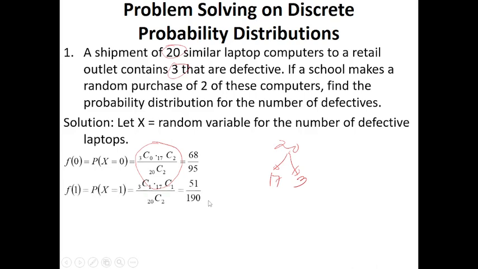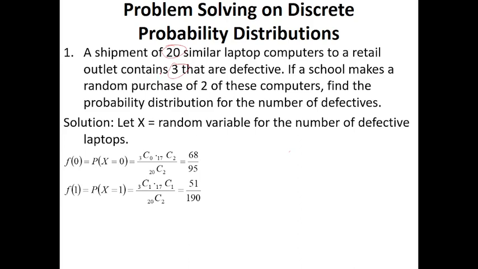So let's now determine the probability that the random variable x is equals to 1. So the probability that there will be one defective laptop when two laptops are selected. No? What is the probability that there will be one defective laptop when 2 laptops are selected from 20 laptops?